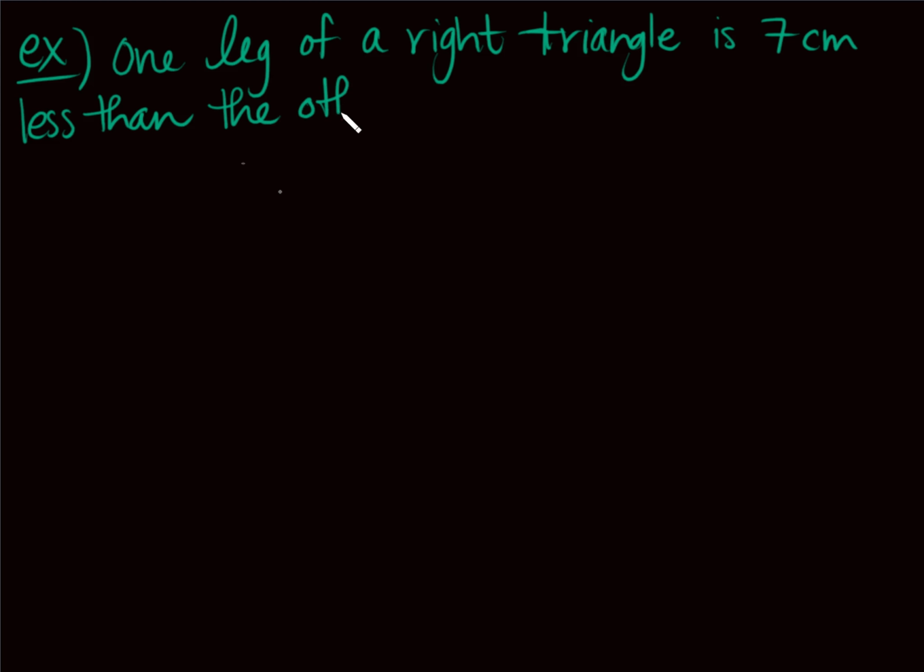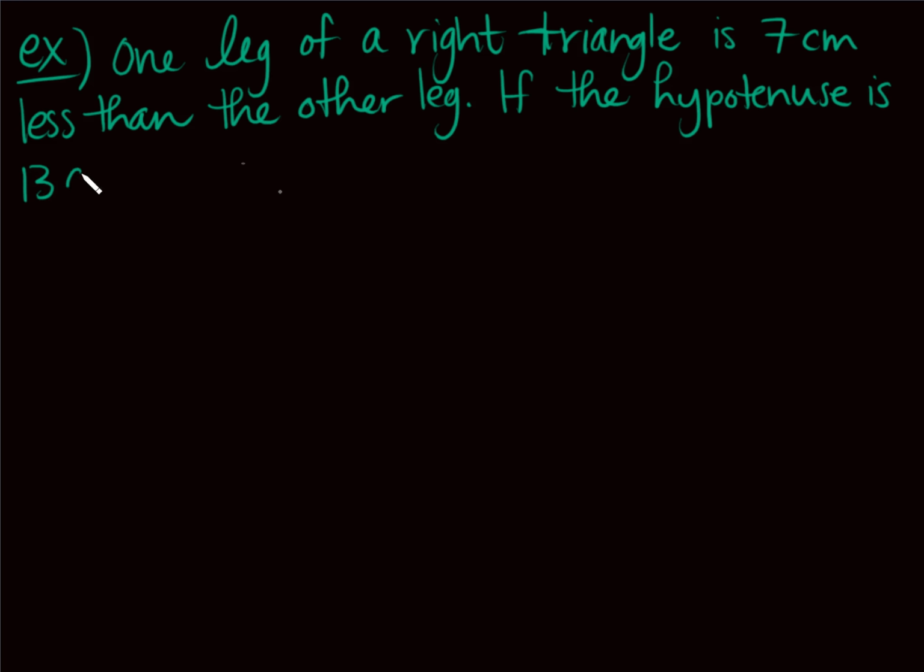I'm just going to put the other leg, you get its length. Okay, of the other leg, the length of the hypotenuse. So if the hypotenuse is 13 centimeters, find the lengths of the other legs.